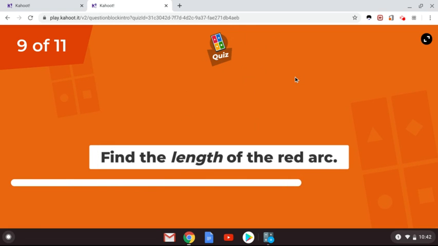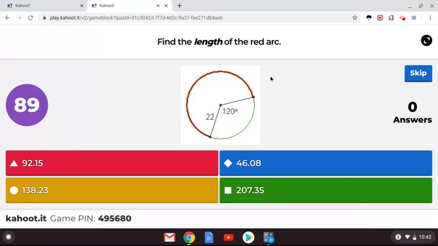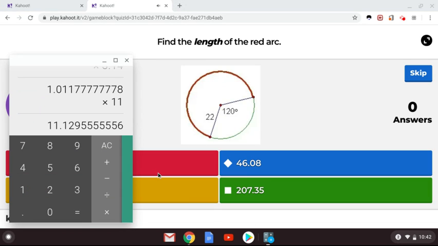Find the length of the red arc. So in this case, this is giving me the angle of this portion here. I actually want the rest of it. So 360 minus 120. That's the angle measure that I want to use.